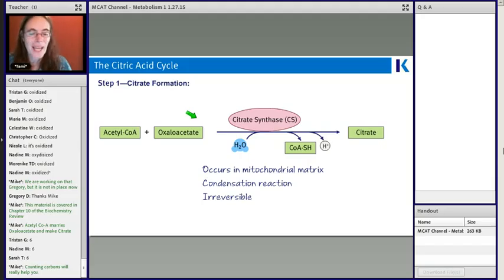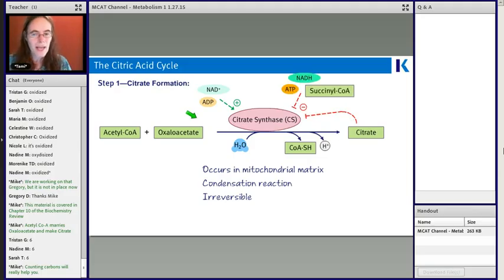Now, I again can activate and deactivate. Anytime I have NAD or ADP, this tells me I need more NADH, I need more ATP, that's going to activate. Anytime I have my NADH, my ATP, or succinyl-CoA, this is going to come from a future step. So we're going to hold on to this in just a minute, but this comes from a future step.